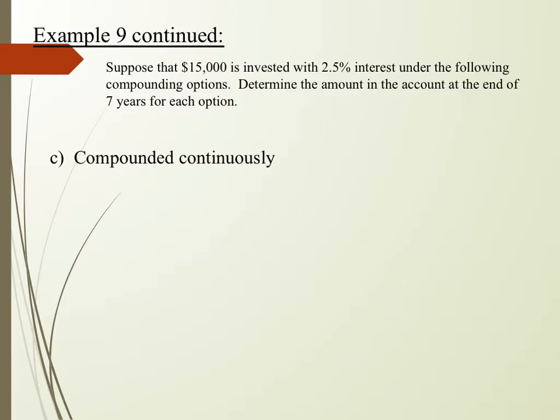Now suppose that $15,000 is invested with 2.5% interest under the following compounding option. Determine the amount in the account at the end of 7 years. Well, now we're going to look at compounded continuously. Here, the amount is equal to P e raised to the RT.